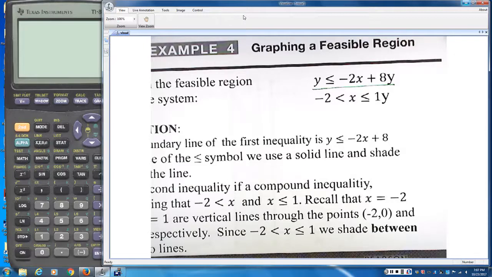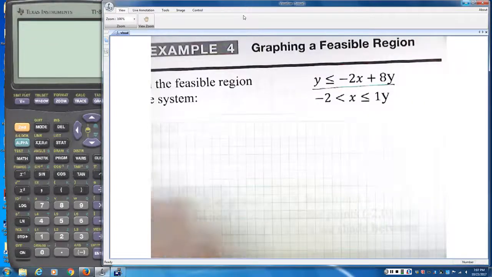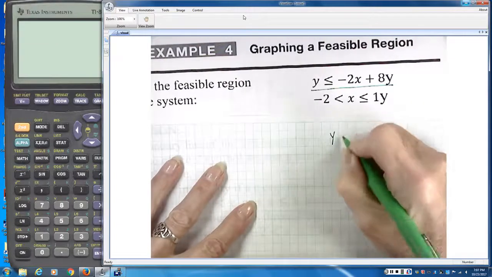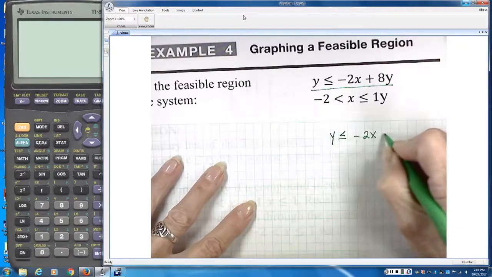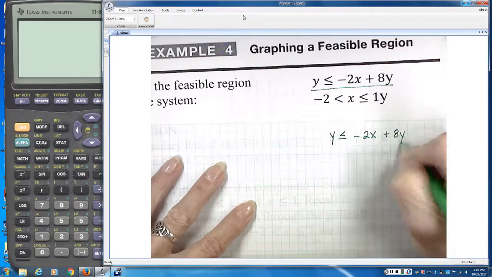So let me show you from scratch how to do this one, and then you won't have to do the double shading here. So I'm going to just copy these onto this. We have y is equal to or less than negative 2x plus 8.